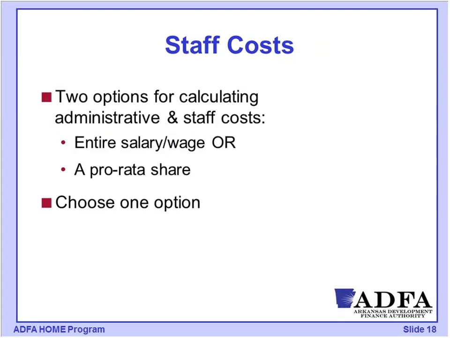If we had a staff person who spent 100% of their time on the HOME program, so they did not work on other funding sources, they were only working on one grant, then we could charge off their entire salary to this specific grant. And we would have a job description that would show that what this person does is all specific to the HOME program.